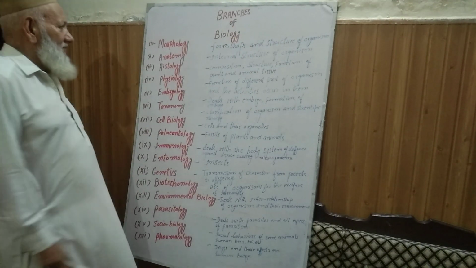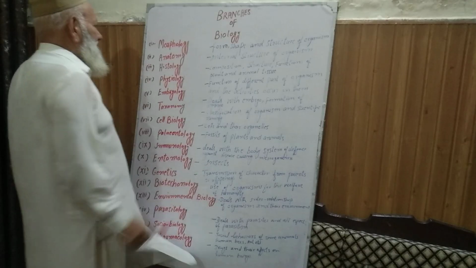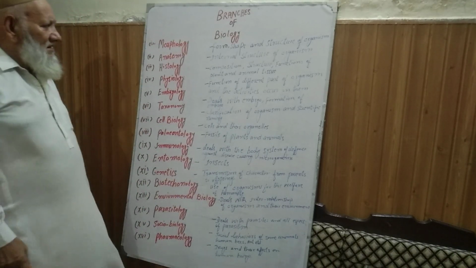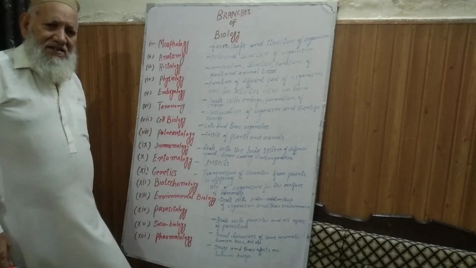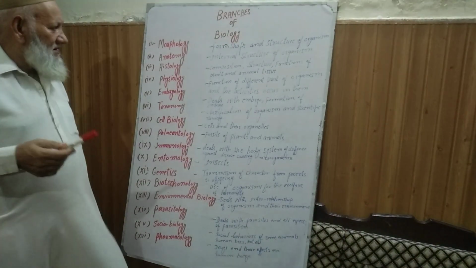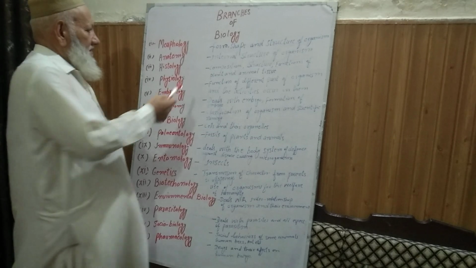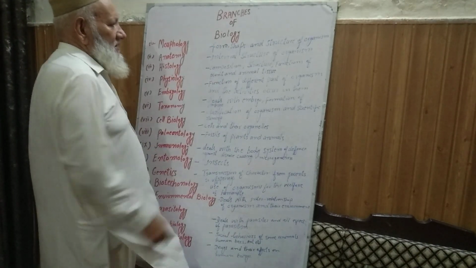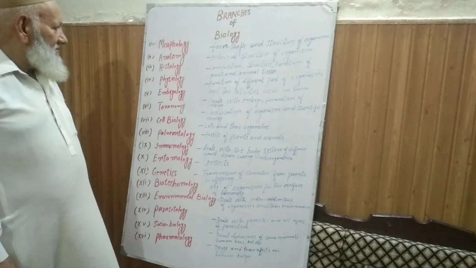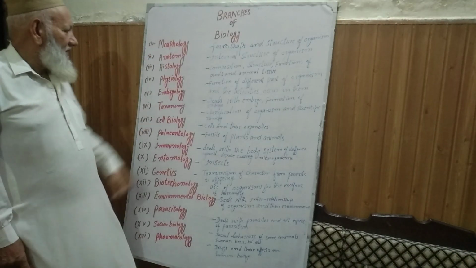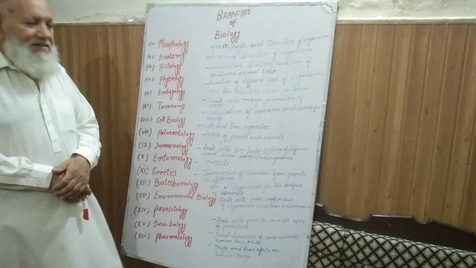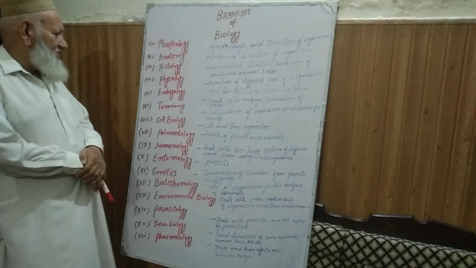But again we revise these branches of biology. You have knowledge about these things. Morphology: any living organism, their form, shape, and structure. The study of internal structure of the organism is called anatomy.